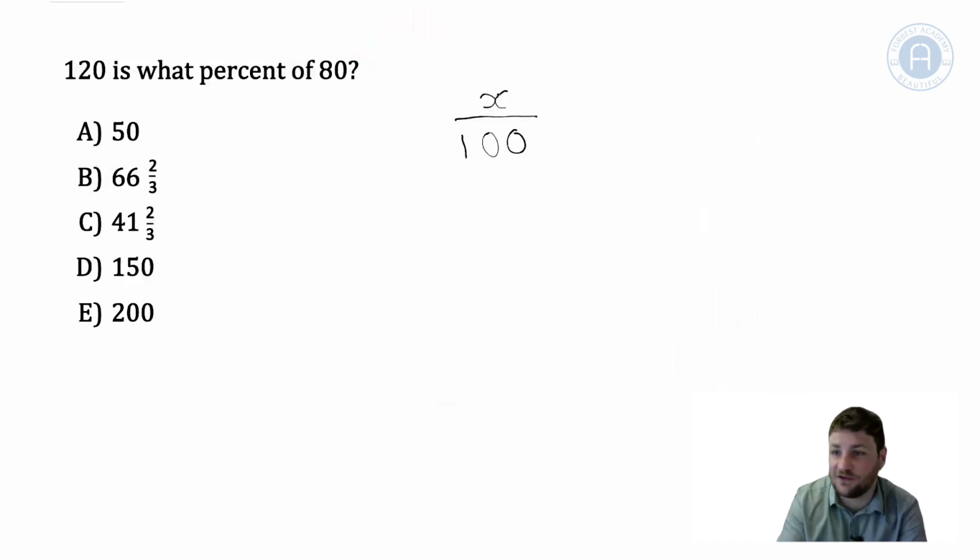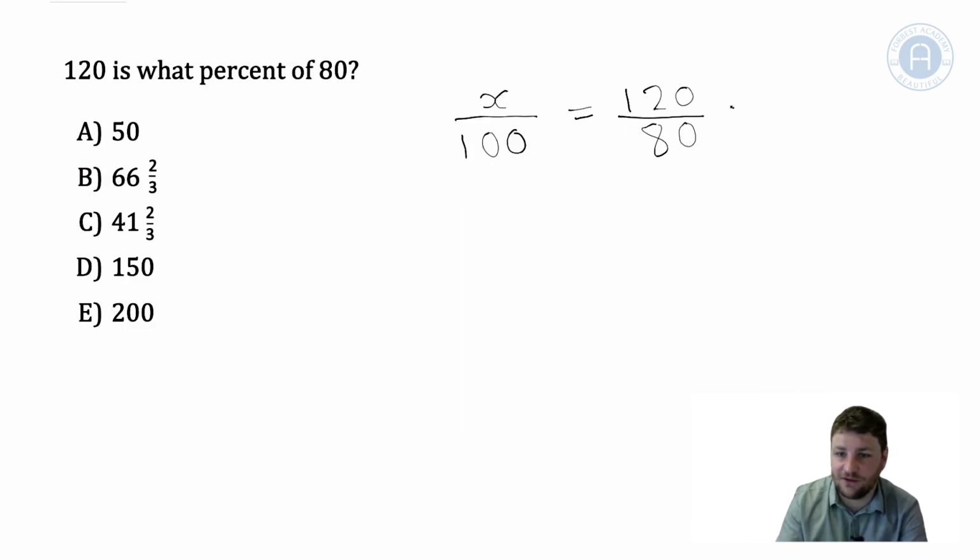We're talking about a percentage, so it's out of 100. We don't know what our numerator is. However, in our equivalent fraction, we know that our original amount was 80, and we know that our end amount was 120. So we're trying to make these two fractions equivalent.